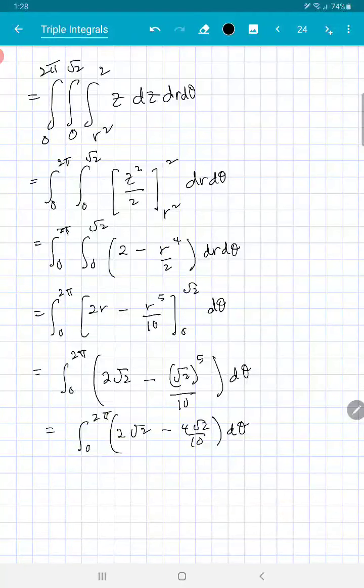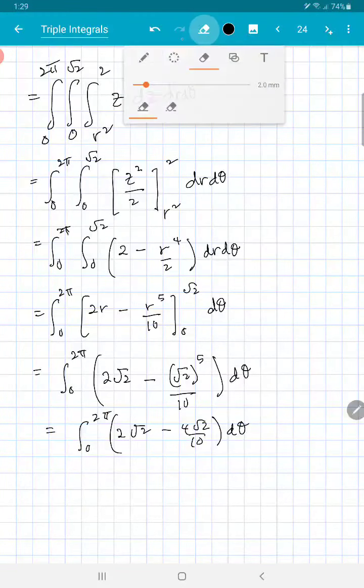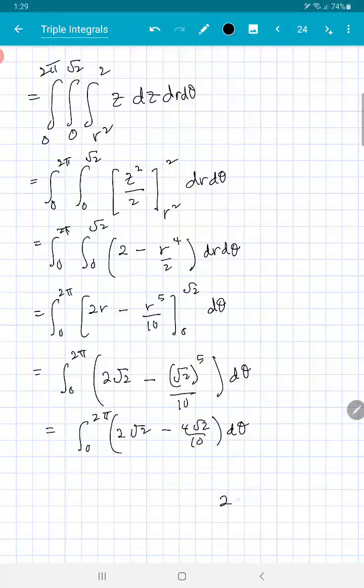We can simplify: 2 minus, since 4 over 10 is 2 over 5, 2 minus 2 over 5 is 8 over 5.